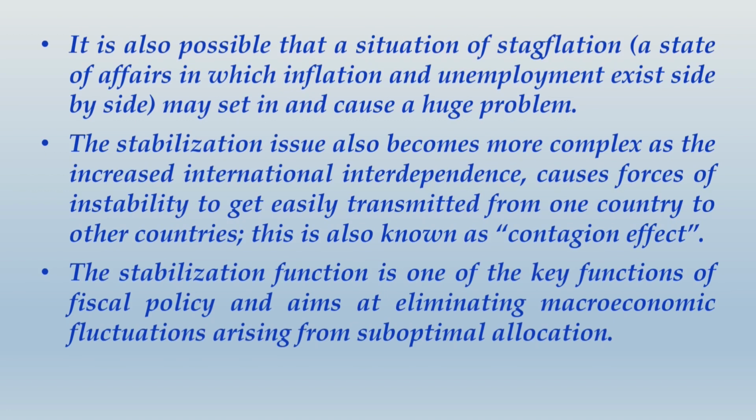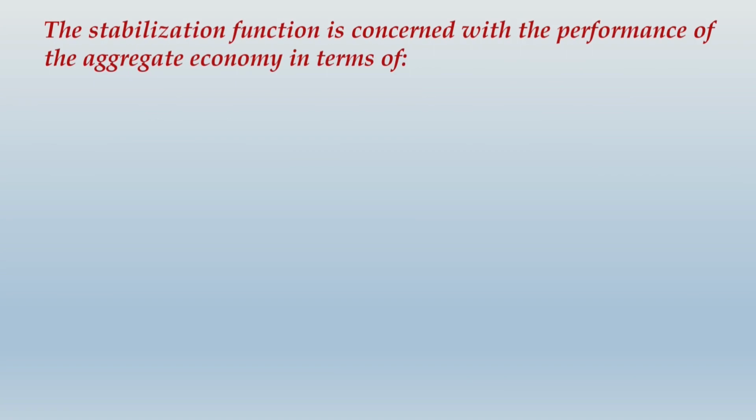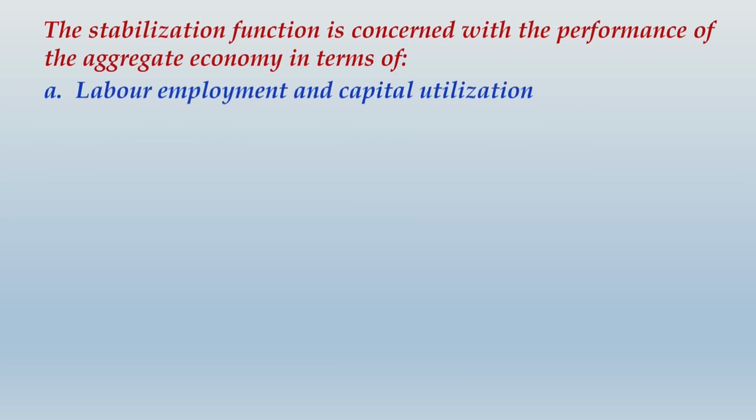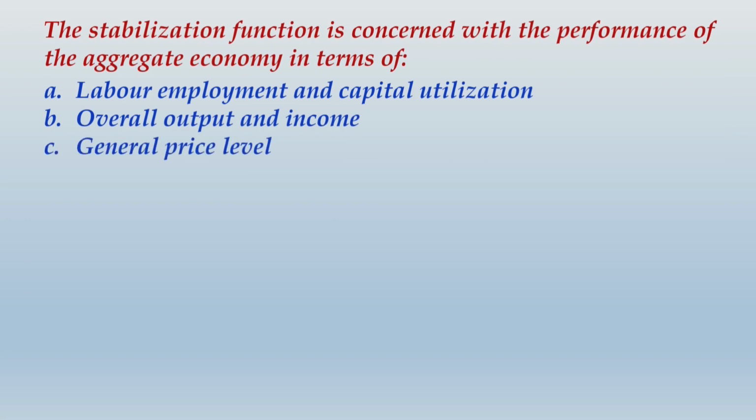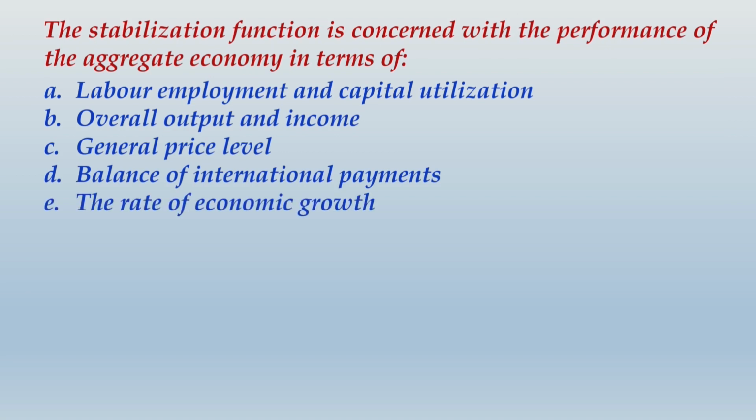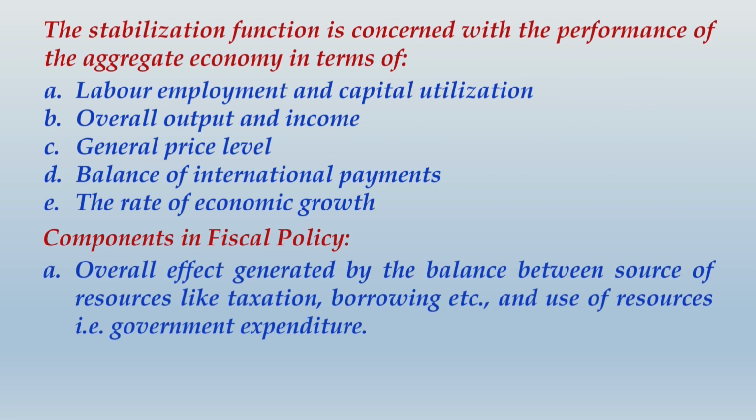Alright friends, once you have finished writing this much, let us move ahead and continue writing further. The stabilization function is concerned with the performance of the aggregate economy in terms of labor, employment and capital utilization, overall output and income, general price level, balance of international payments, the rate of economic growth, and you also write one more thing over here, that is components in fiscal policy: overall effect generated by the balance between sources of resources like taxation, borrowing, etc., and use of resources, that is government expenditure.